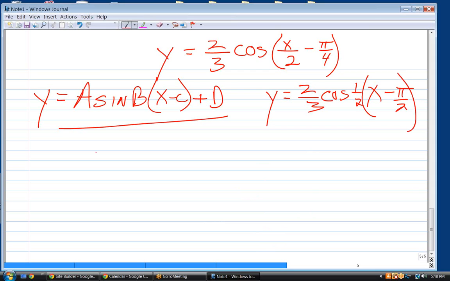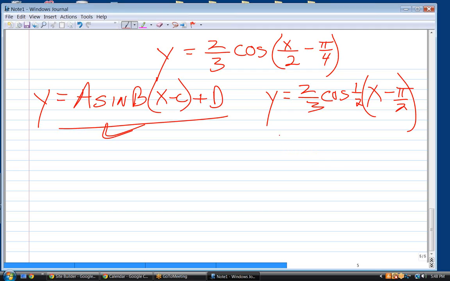Now I have it in my proper format, or not necessarily proper. I have actually dealt with some school districts that put the B inside as the standard, and then they define phase shift as C over B, as opposed to this format where B is outside the parentheses and phase shift is defined as C.